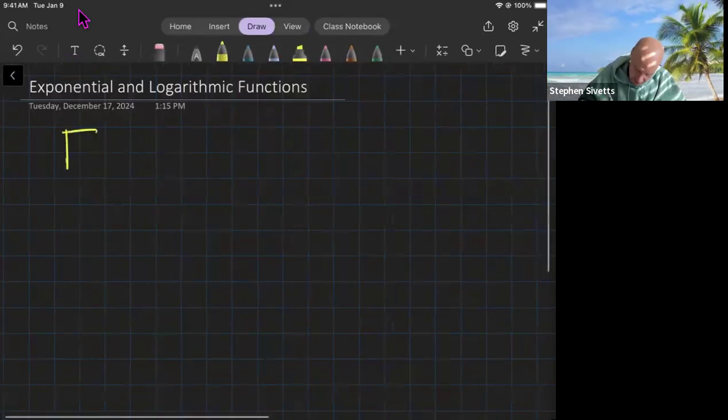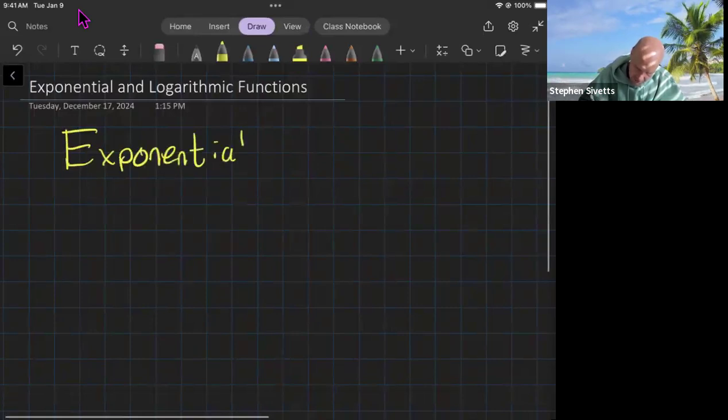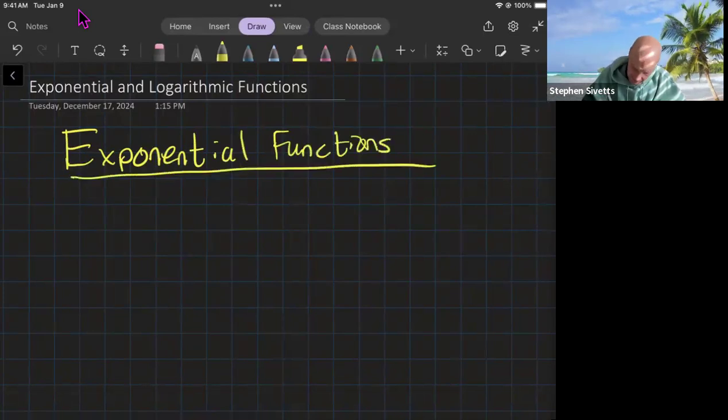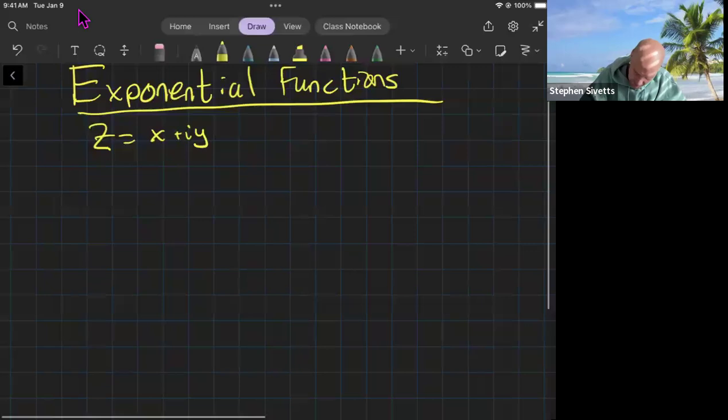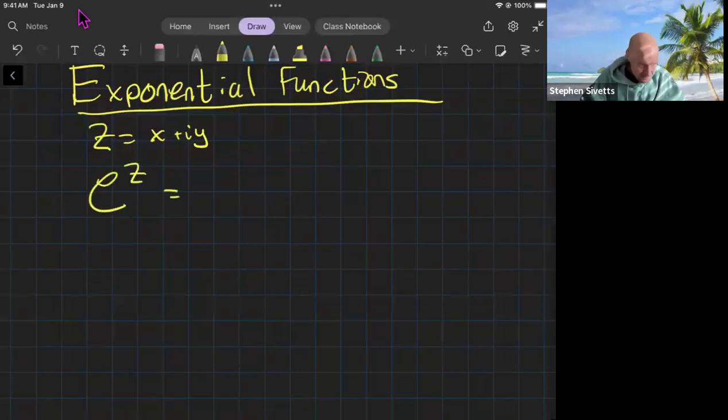So we looked at the exponential function in previous videos, so let me write that out again. If z is equal to x plus iy, then the complex exponential e to the z equals e to the x plus iy.